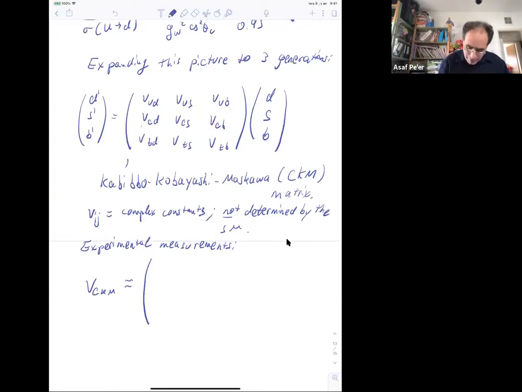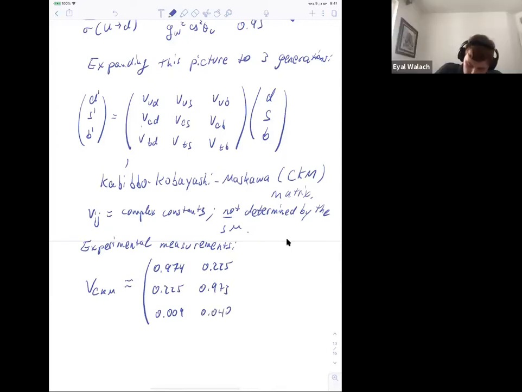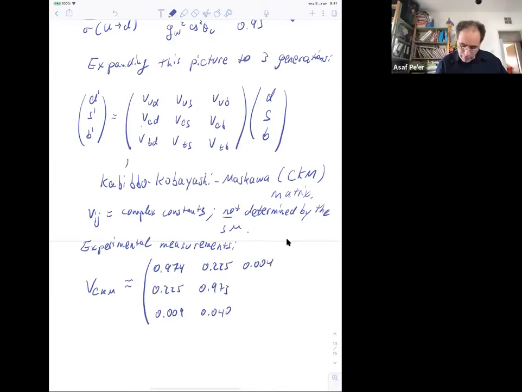So it's going to be 0.974, 0.225, 0.009, then 0.225, 0.973, and 0.040, then 0.004, 0.041, and 0.999.